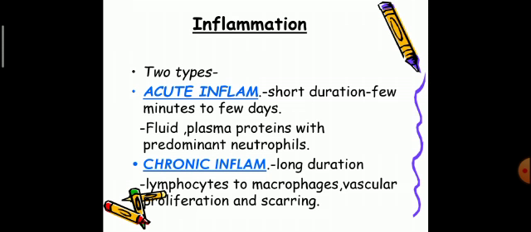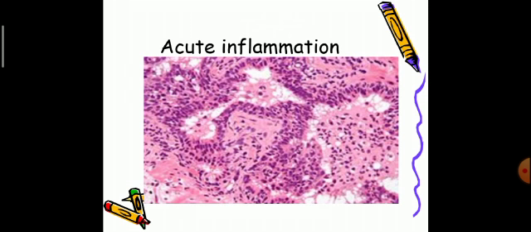There is a particular type of inflammation called granulomatous inflammation. That is again a chronic type of inflammation, and it occurs mainly in tuberculosis. If you see the infectious agent, that is Mycobacterium tuberculosis, you will find granulomatous inflammation with caseation necrosis in case of tuberculosis.